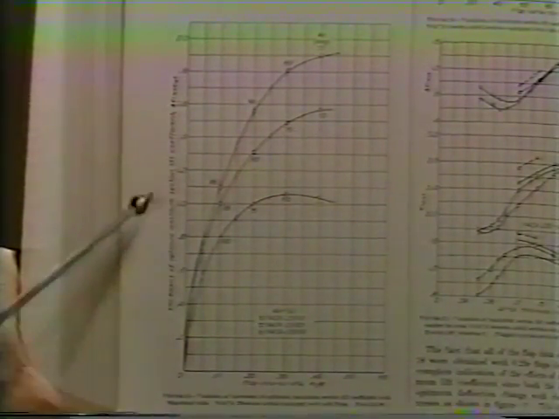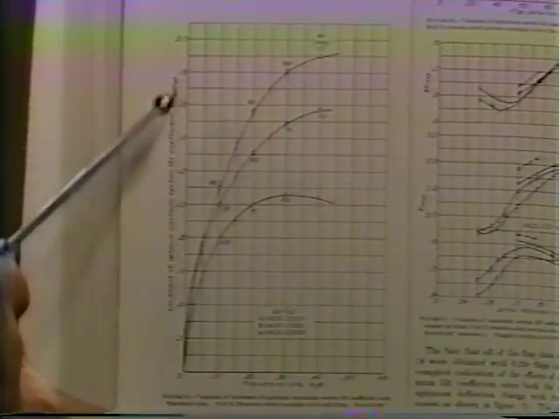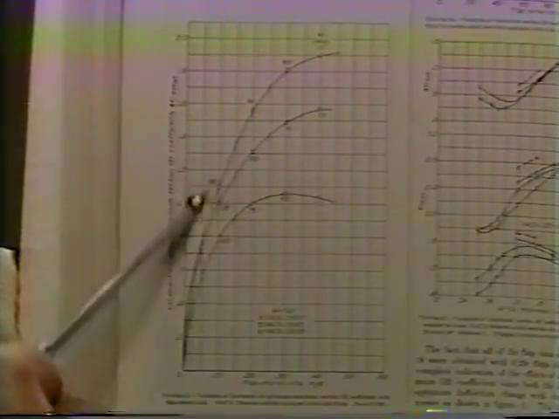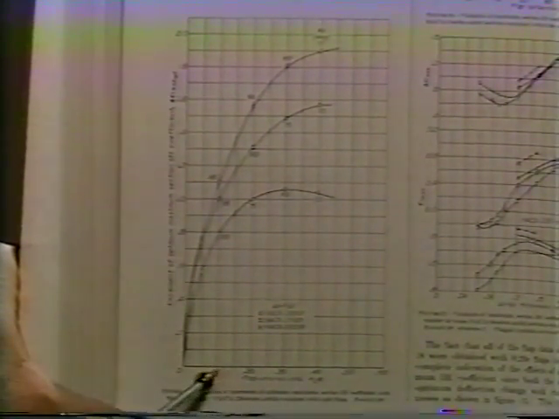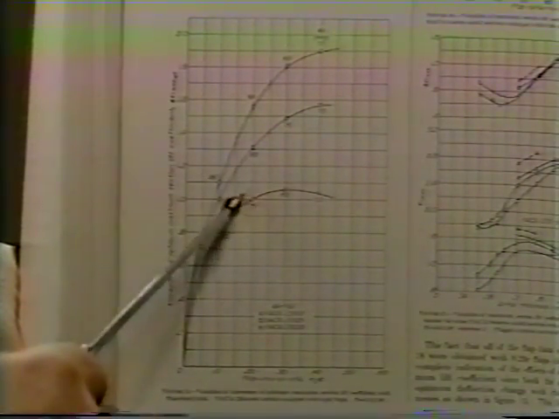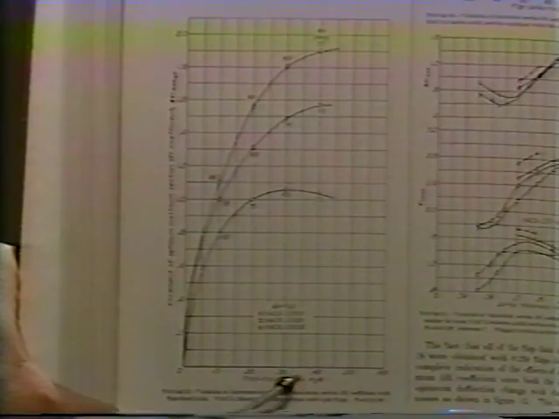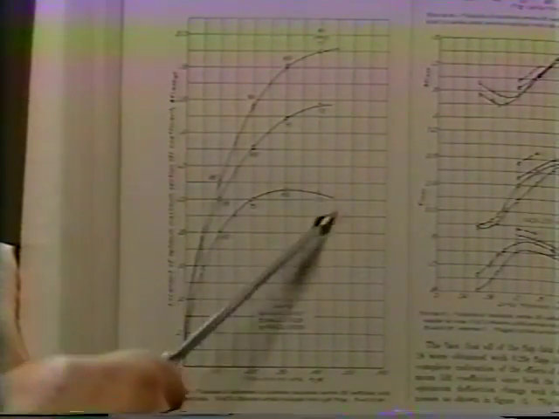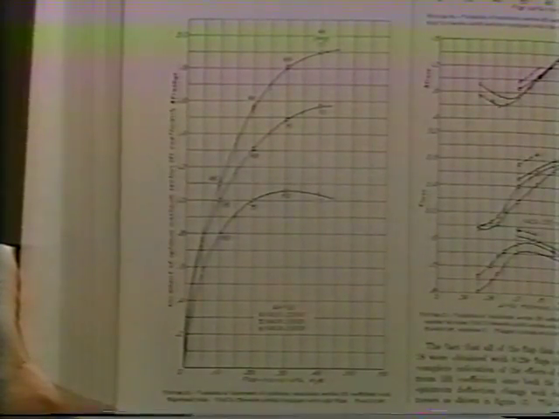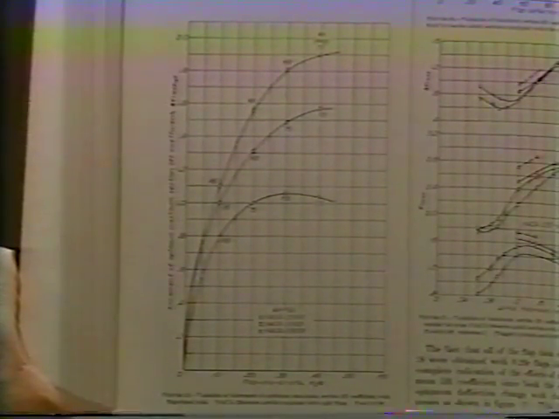Here is the increase in lift coefficient, the delta CL. This is only 10% of chord of the flap compared to the whole wing, and yet you get a sizable increase. When you go from 10 to 20%, you get an increase, but not that much. You can even go 30 or 40% chord, and on a 12% thick airfoil, you've hardly gotten any benefit of the increased chord of the flap.